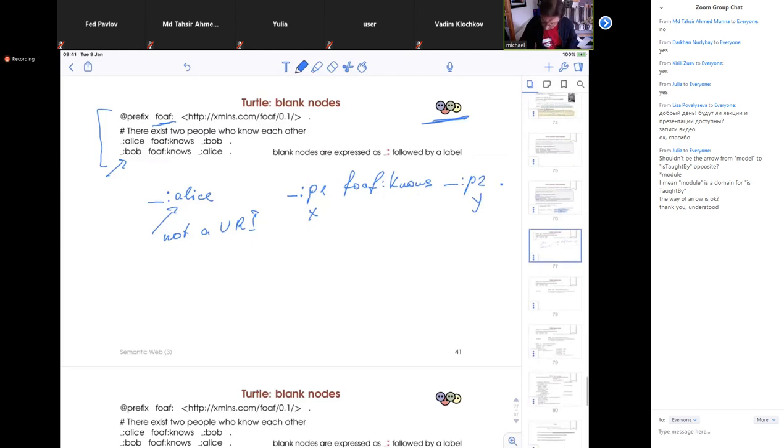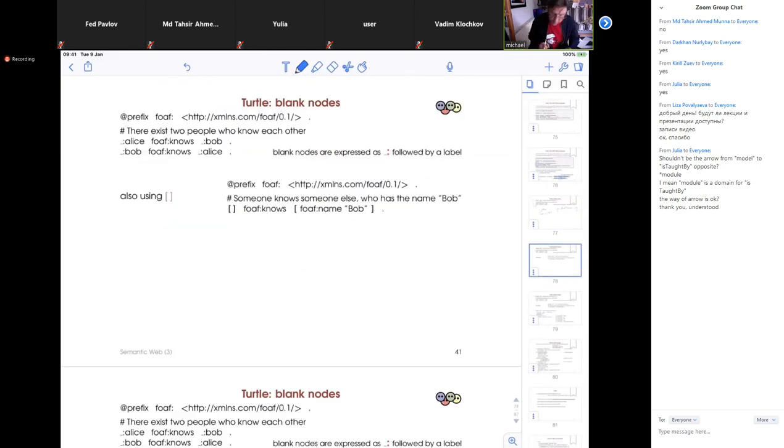Okay. Another way of representing blank nodes is using square brackets like this. Let's consider this document. It says that someone knows someone else with the name Bob.